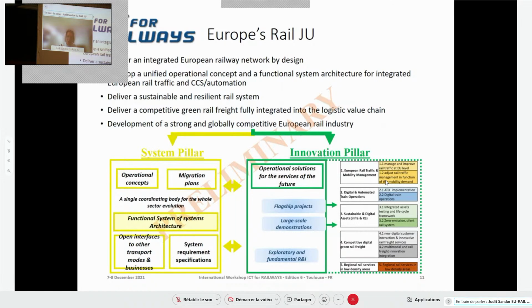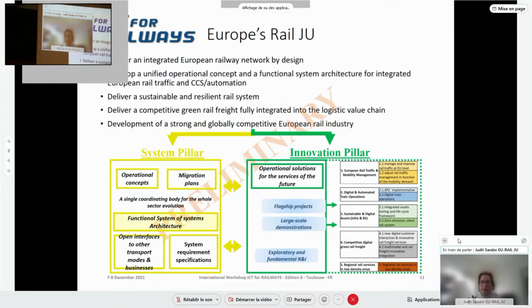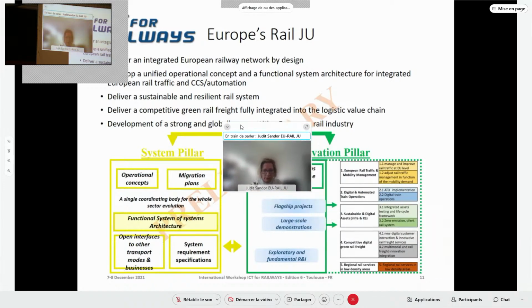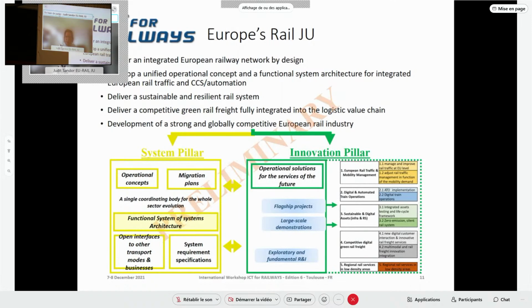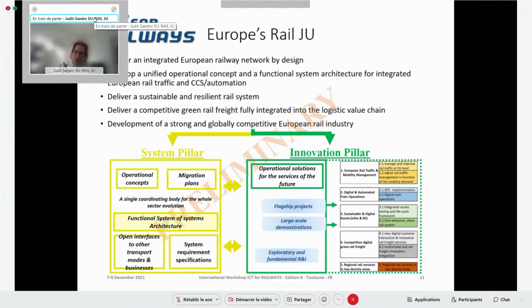And this should be a common and coordinated work done by the whole sector in order to better ensure the interoperability and the evolution of the system in a coordinated and harmonized manner. So within the system pillar, the work on regulation and standardization will continue.